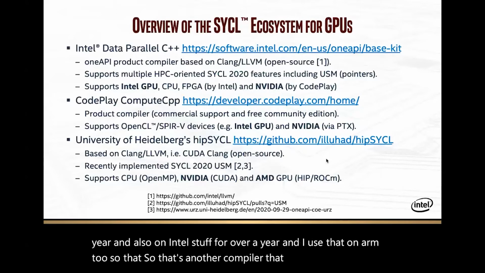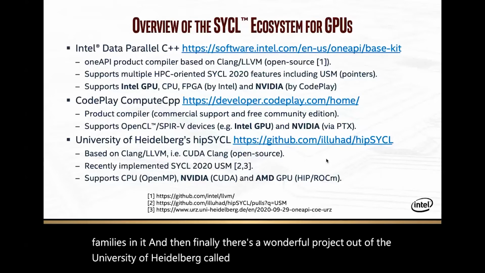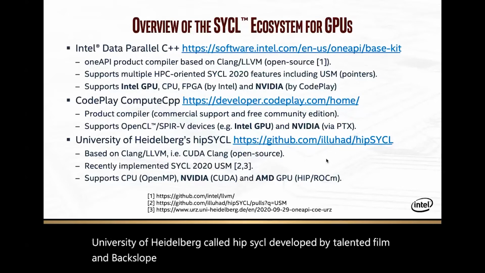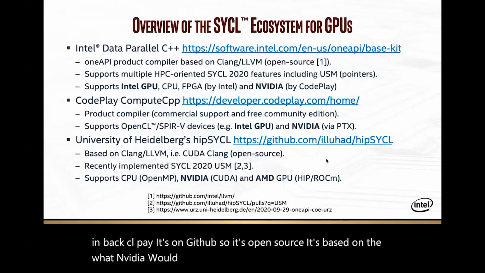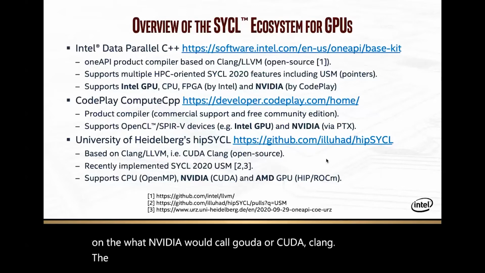And then finally, there's a wonderful project out of the University of Heidelberg called hipSYCL, developed by a talented fellow named Aksel Alpay. It's on GitHub, so it's open source. It's based on what NVIDIA would call CUDA Clang, the GPU support in the LLVM Clang stack that HIP is based on.